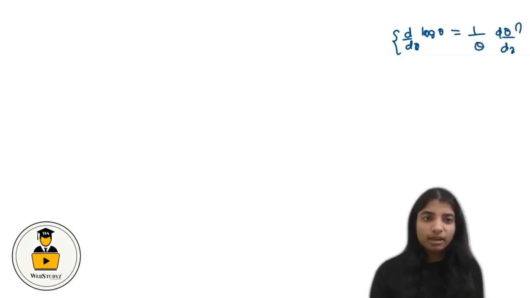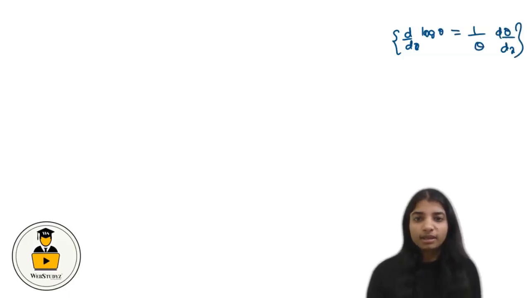We know that d/dx of log of theta is equal to 1 divided by theta multiplied by d theta/dx. So d/dx of log of y becomes 1 divided by y, dy/dx.